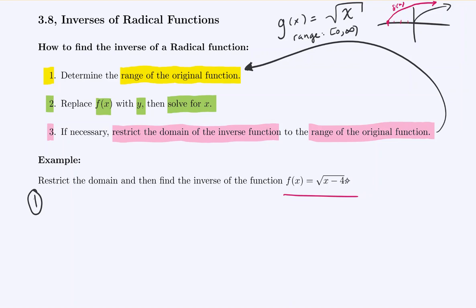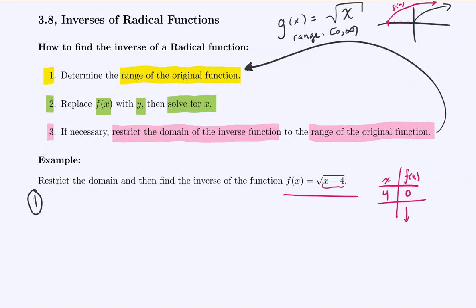Another way you could reason about that is we know that for a square root, the interior has to be positive. So the smallest the interior could ever be is 0. And we know when x is 4, the y value is 0. And then as our x value increases, the y values are just going to increase and get higher and higher positive numbers.